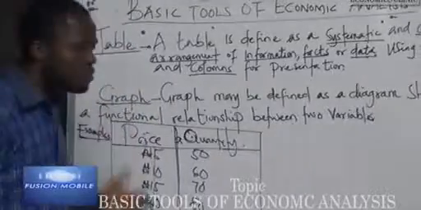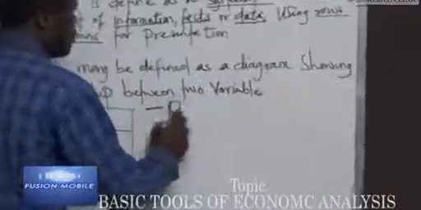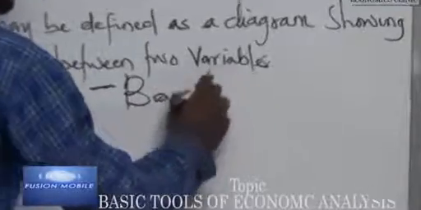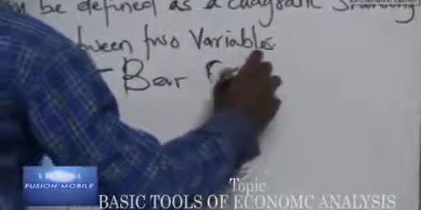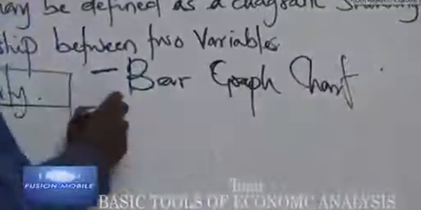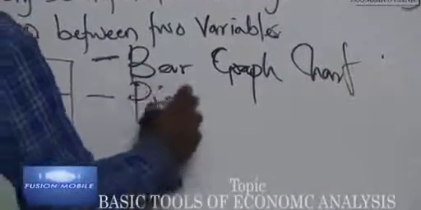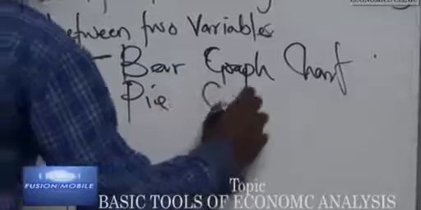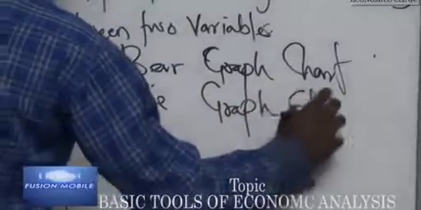Now, the types of graph we have are the bar graph, which we call bar charts. We have the pie graph or pie charts.